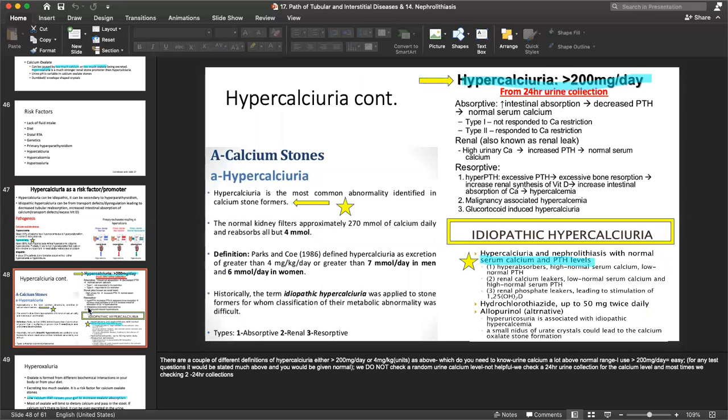Hypercalciuria is getting rid of over 200 milligrams per day. If it's idiopathic hypercalciuria, it's going to have a normal serum calcium and PTH.